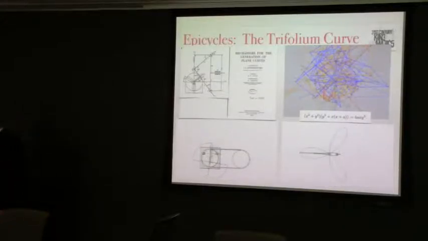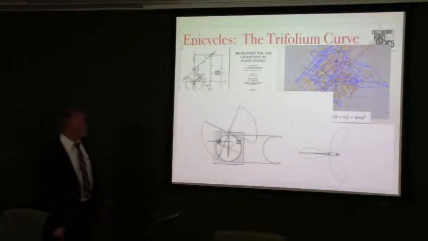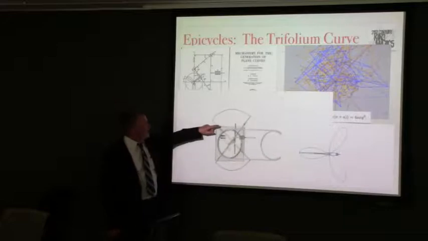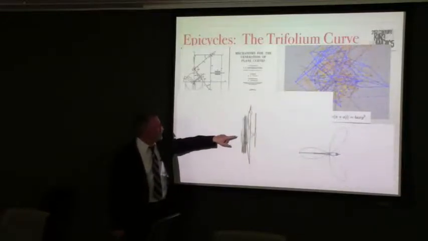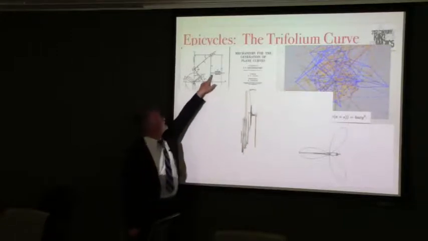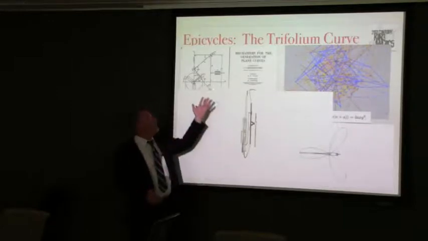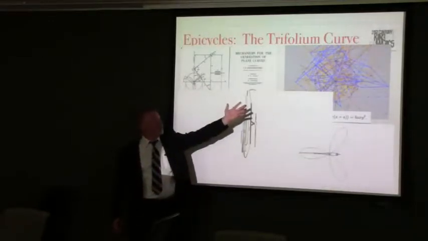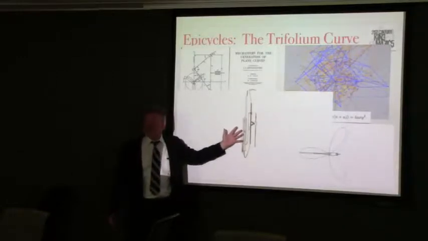I'm sorry that you can't see it that well, but these sliders cross over each other in a way that this particular slider, this thing right here, has to float in space. So whereas he's presenting this as a very nice design for a linkage that draws a trifolium, as far as we can figure out, it simply doesn't work.